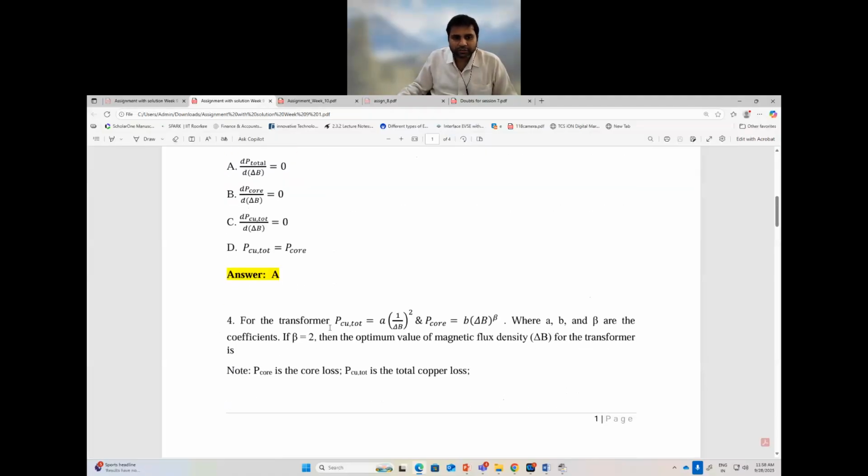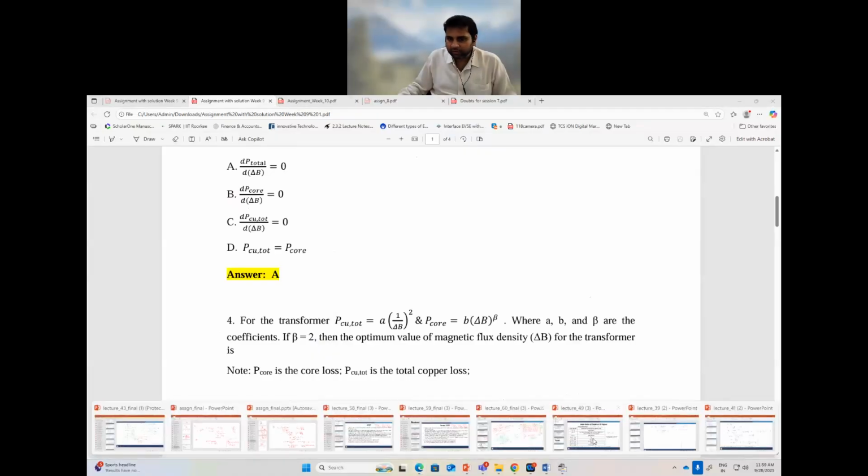Then comes question number 4. In question number 4, P copper total is given, P core is given, A, B and beta are the coefficients, and it is given that beta is equal to 2. So we have to find the optimum value of magnetic flux density.